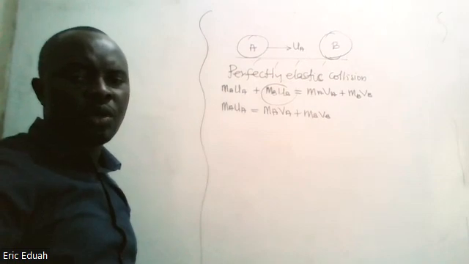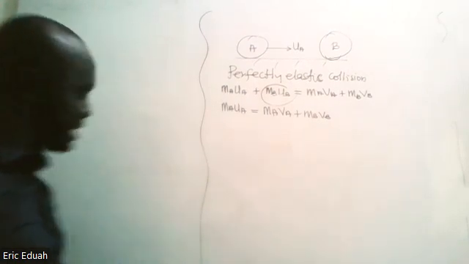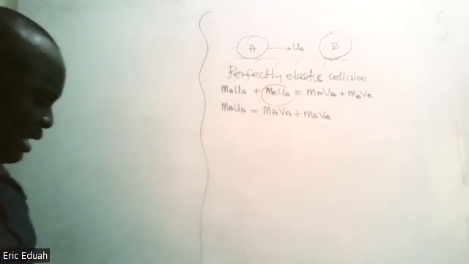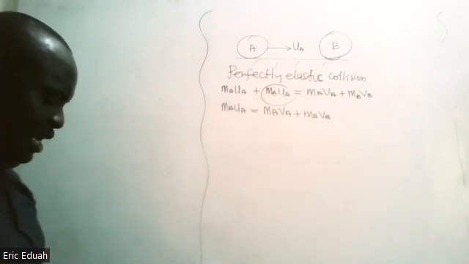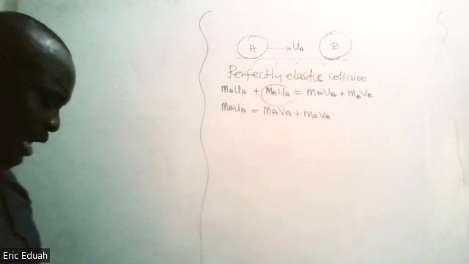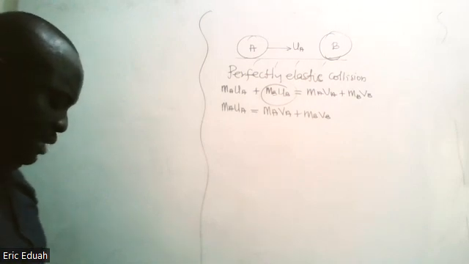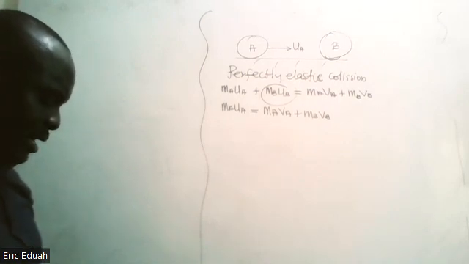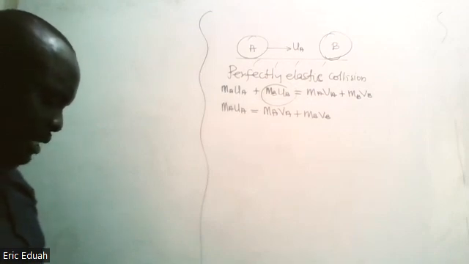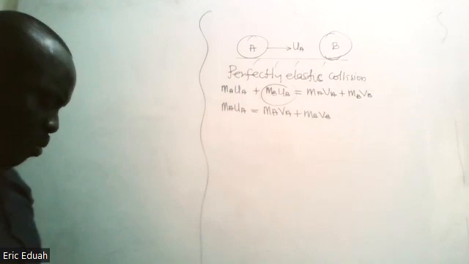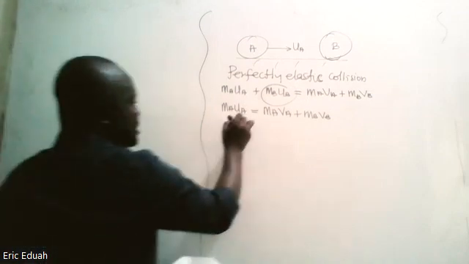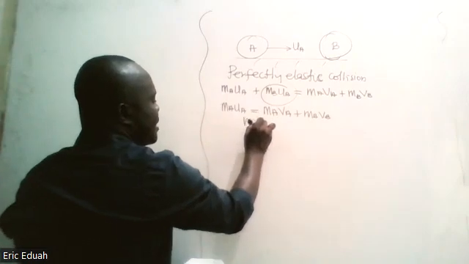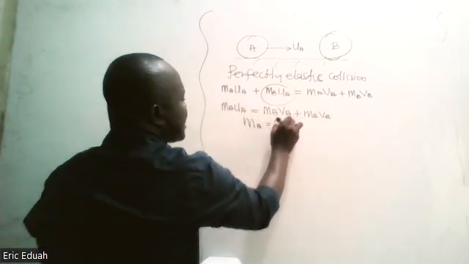We are also told, earlier, that the mass of A is twice the mass of B. So MA is equal to 2 times MB.